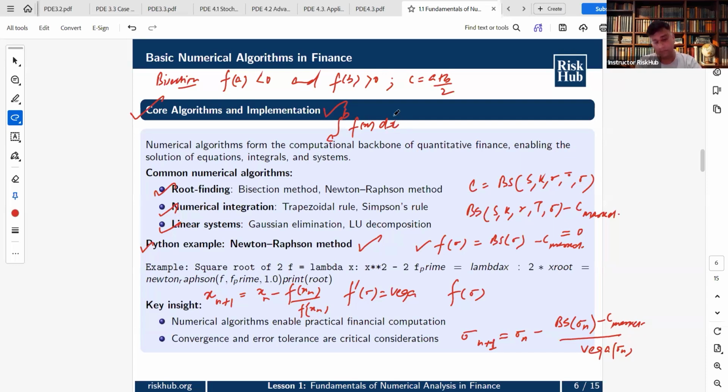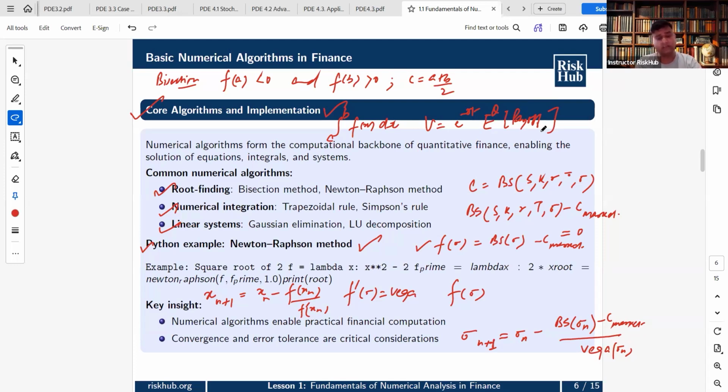In finance, many prices are expectations, such as V equals e to the minus rT times the risk-neutral expectation of the payoff. If the expectation cannot be computed exactly, we approximate it using numerical integration or Monte Carlo, for example in option pricing, where integration handles the discounted payoff. Applications: bond pricing, integrating cash flows with discount factors; risk-neutral density, recovering price from the distribution; Fourier methods, pricing via transform integrals.